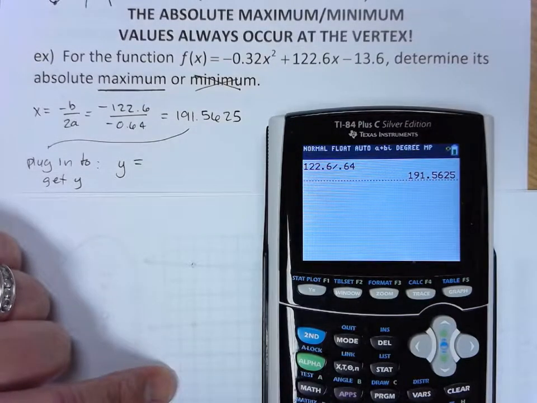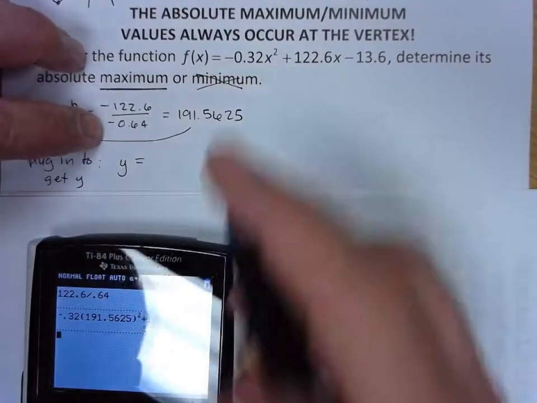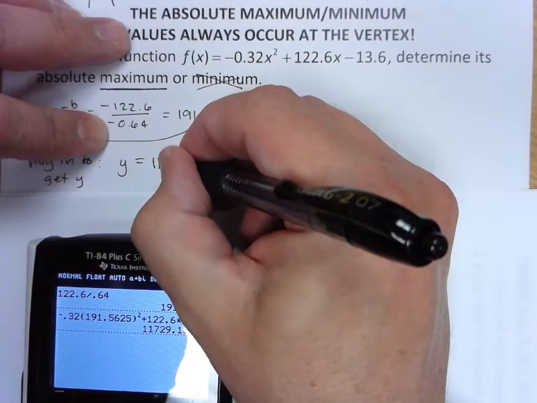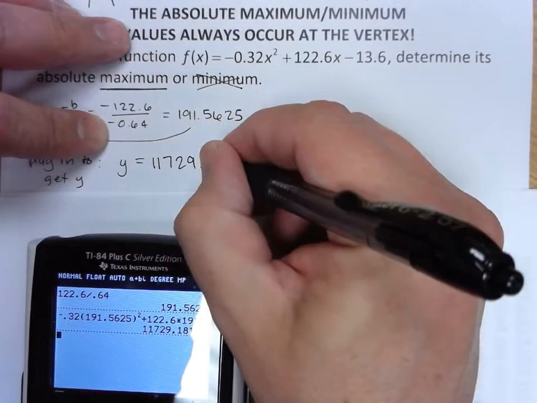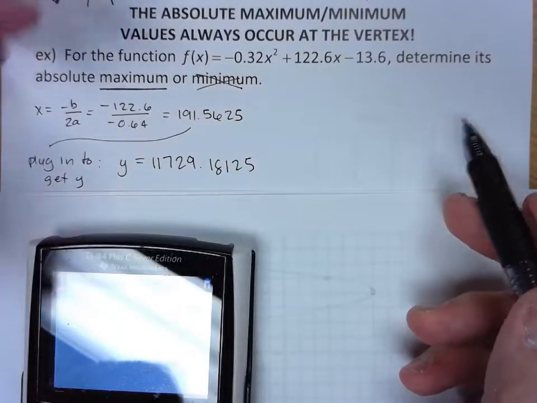So when I hit enter there, the y coordinate we're getting is in the 11,000 range. This is going to be 11,729.18125.